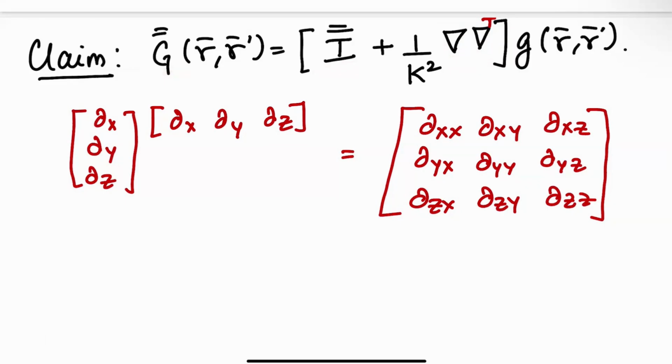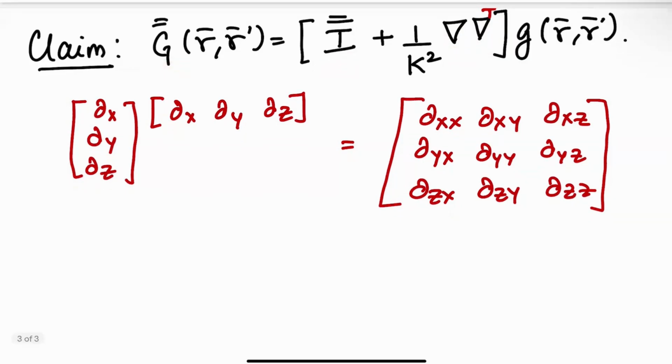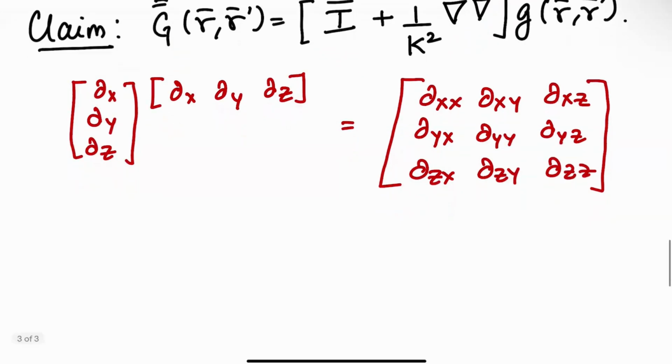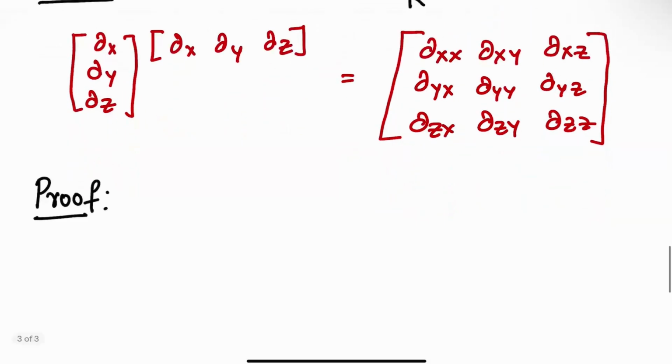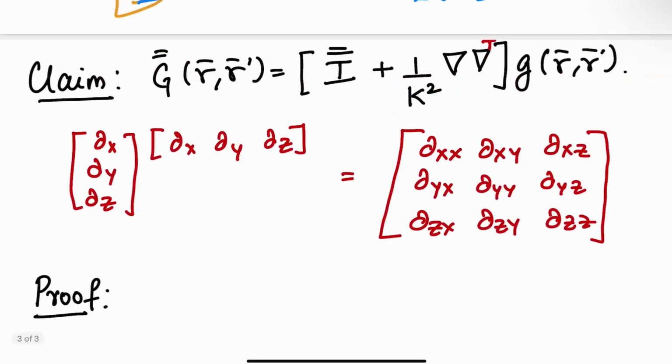So that's the claim. We want to derive this. I like to do proofs just because it completes the picture and there are no big gaps left over. So we'll look at the proof of this. To start our derivation, I should mention that this is the scalar Green's function, g. It is nothing but e to the ik mod r minus r prime over 4 pi mod r minus r prime, which is what we saw earlier.